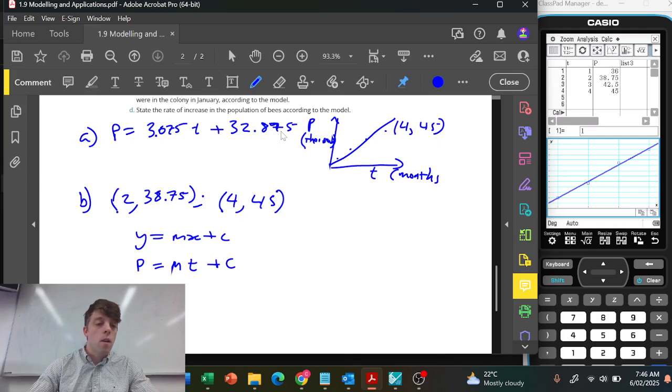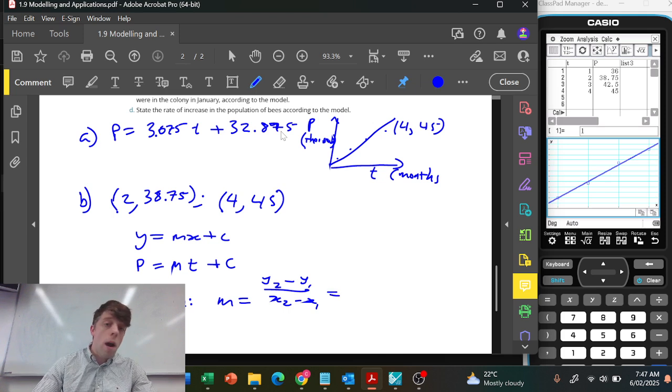So first up, to find the gradient, we're going to use m is equal to, you might remember this formula, rise over run. And of course, instead of writing y2 and y1, x1, etc., we're going to use p's instead of y's and t's instead of x's.